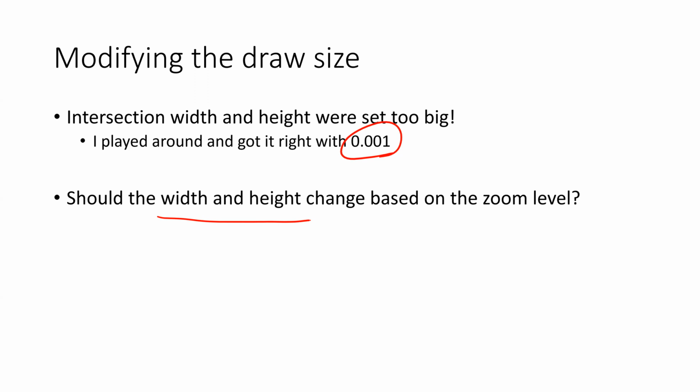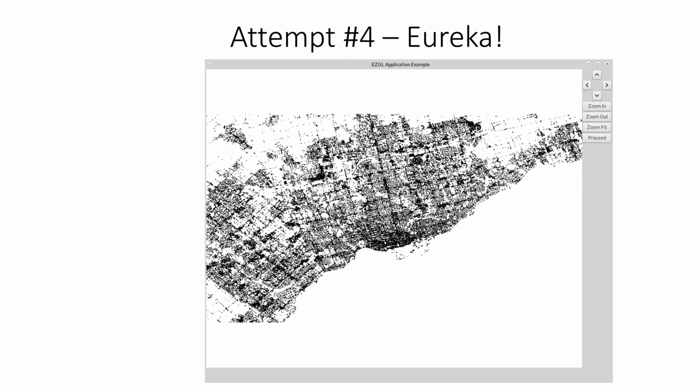It's also easy. If I decide that when I zoom way in, I would like them to look a bit smaller, to be less cluttered, then there are some more functions in ece2 you can use to tell how zoomed in you are. So I could actually change how I draw them if I want, but you don't have to. Okay, so if I do that, I'm going to get a picture that looks like this. It's actually now starting to look like Toronto.